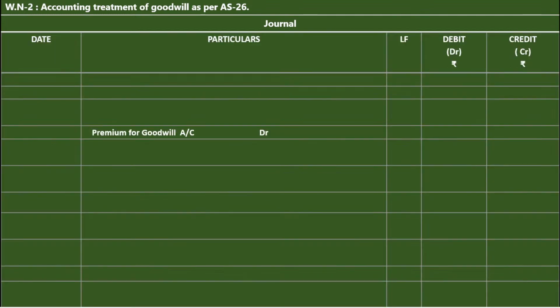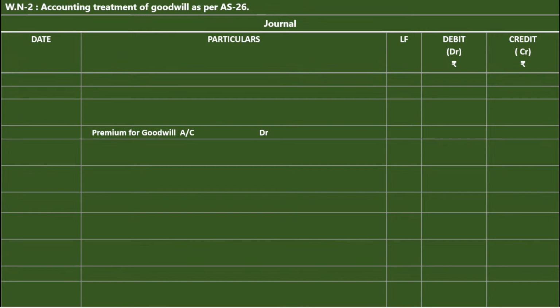Working note number 2: accounting treatment of goodwill as per Accounting Standard 26. AS means accounting standard. Journal: draw the format like this. Date, particulars, LF, debit amount rupees, credit amount rupees. Step 1 is to pass the journal entry for the new partner bringing cash for goodwill, only relating to goodwill.